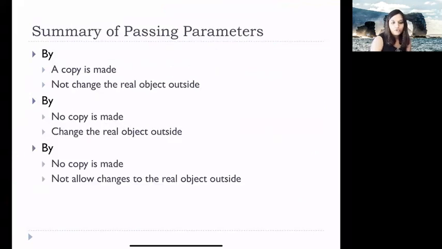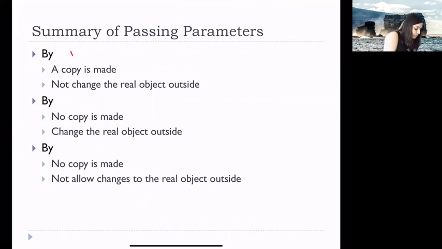Okay, so to summarize passing of variables, there are multiple options. In one case, if you pass a variable, a copy is made, and it will not change the real object outside the main scope.